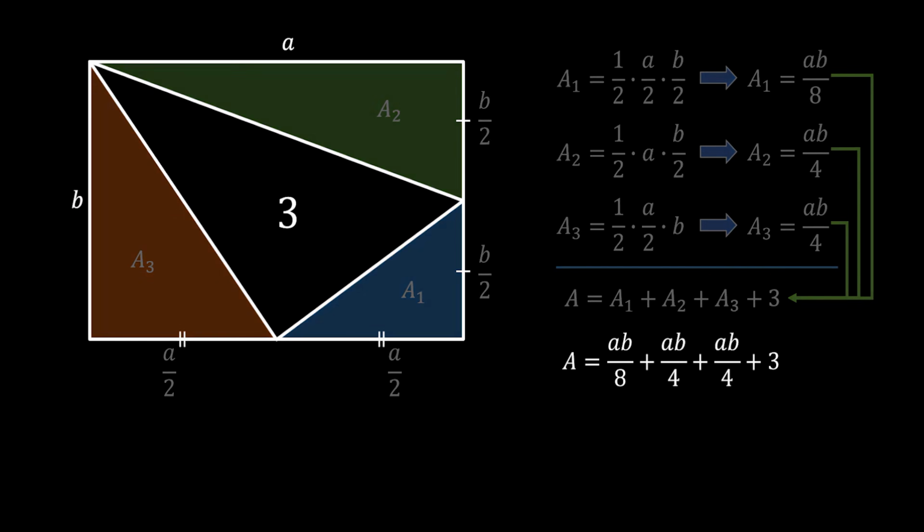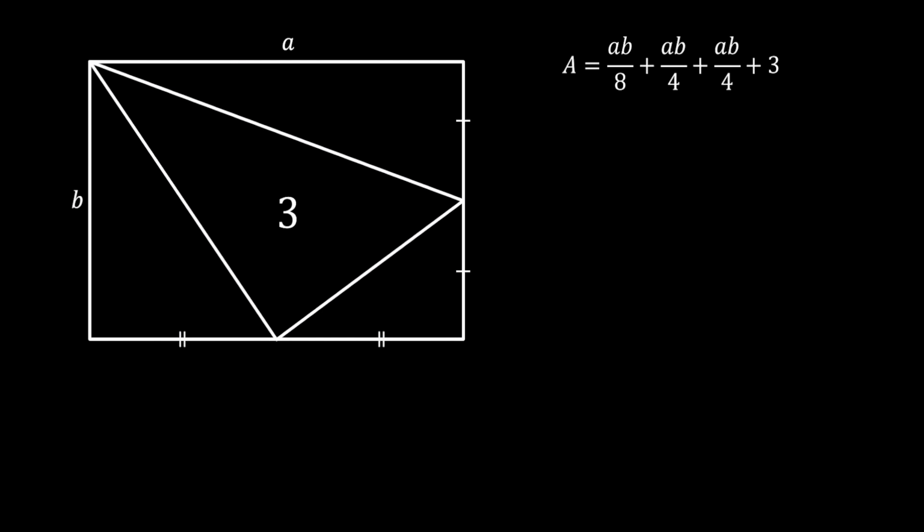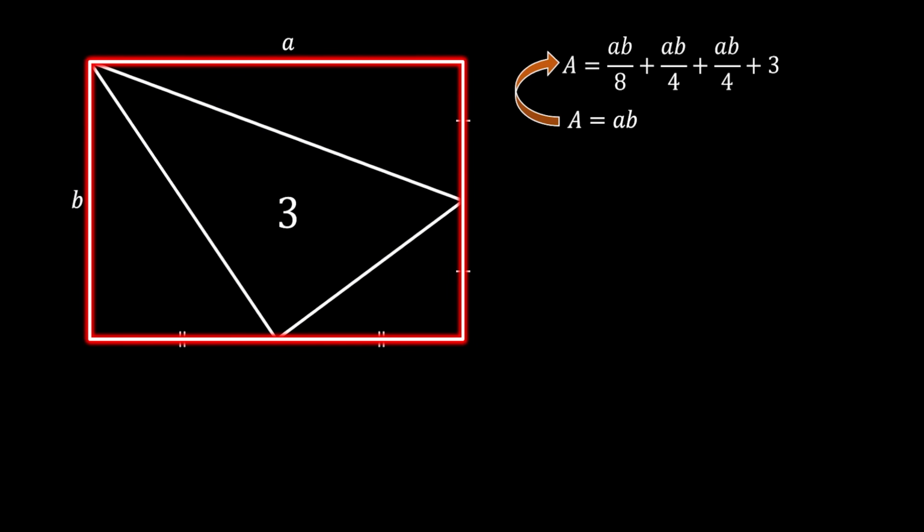Now let's clear our image, and remember, we're looking for the area of the entire rectangle, and this area can also be written as the product of the base and the height of the entire rectangle, or a times b. Now we can just substitute the value of ab for the value of our area into our first equation, and we will get the following.